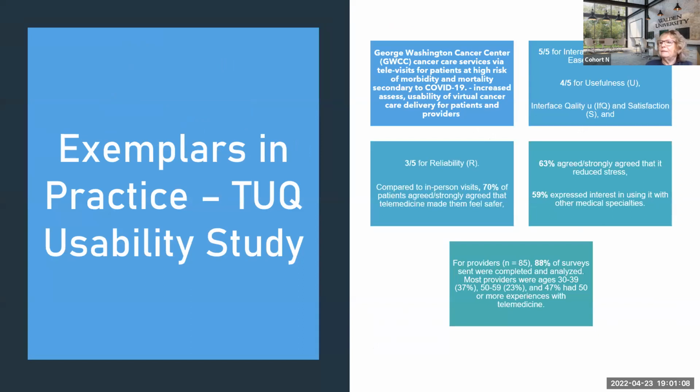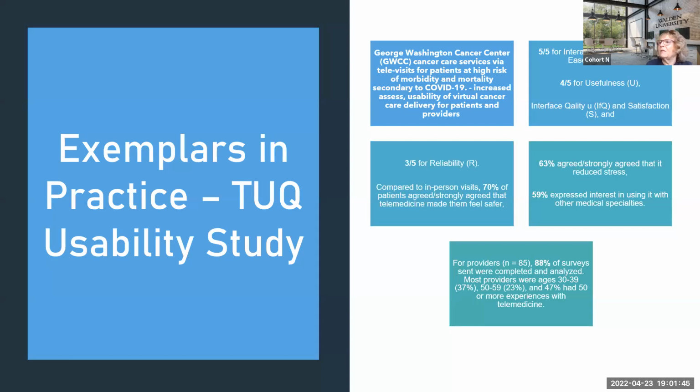Again, at George Washington, they did a second cancer center usability study and found that patients scored it at a 5 out of 5 for interaction quality and ease of use, 4 out of 5 for usefulness, 3 out of 5 for reliability. And 70% of the patients agreed strongly that the telemedicine made them feel safer. I thought that was an interesting finding.